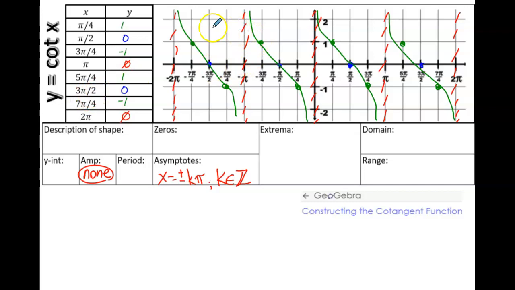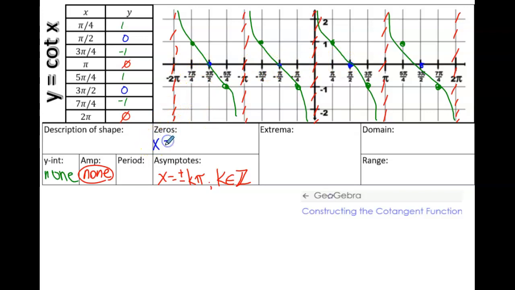So the cotangent function is decreasing instead of increasing like tangent was, and our asymptotes have shifted. They're starting at 0 instead of at pi over 2. There's no y-intercept since we've got an asymptote along the y-axis. There are zeros. Our first non-negative zero is at pi over 2, and then the zeros are all pi units apart.